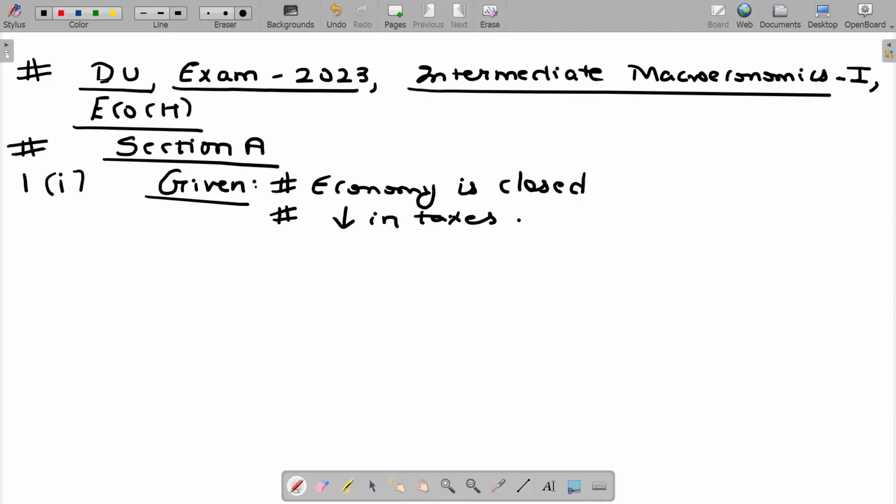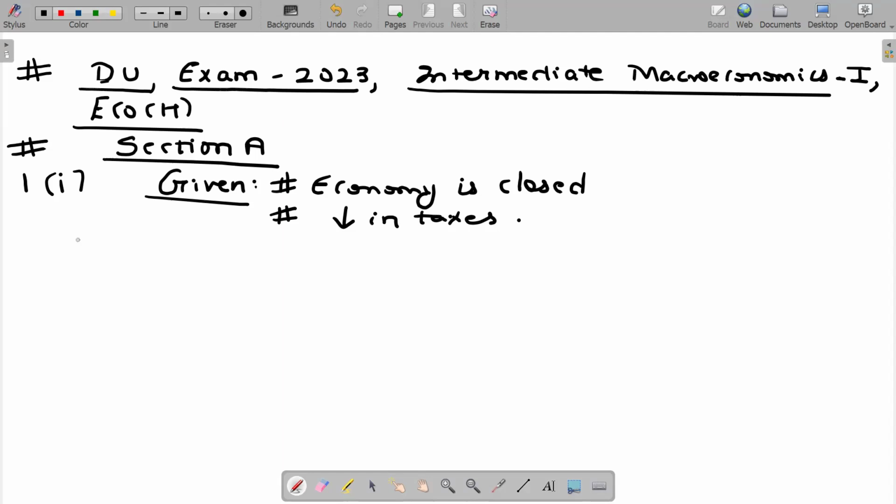Now, students, when taxes fall, what will happen? If you look at the consumers or the laborers, they are going to work more. A fall in taxes would encourage them to work more, and as a result, when they work more, they demand more goods and services.